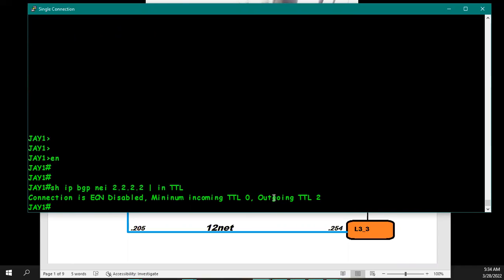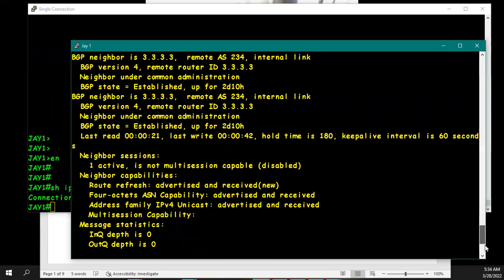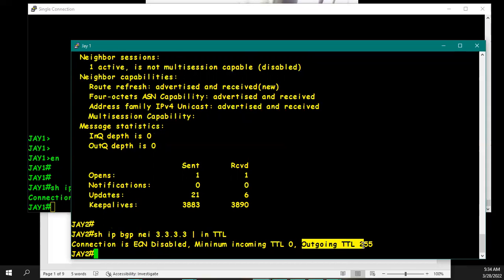Okay. Now here's the thing. By default, let me bring these both up together so you can see them. By default, a TTL on an IBGP speaker is 255.